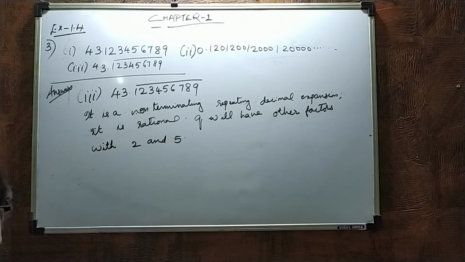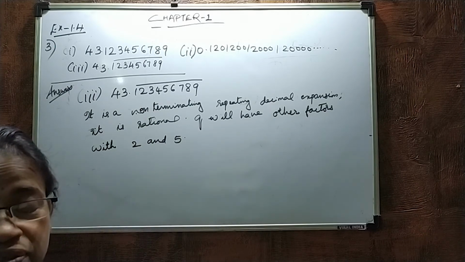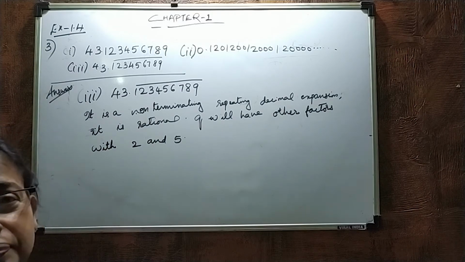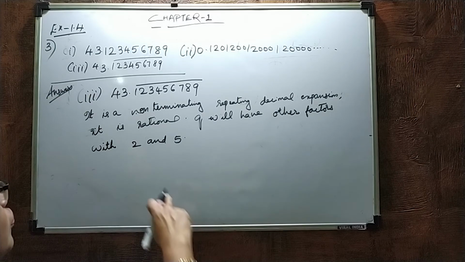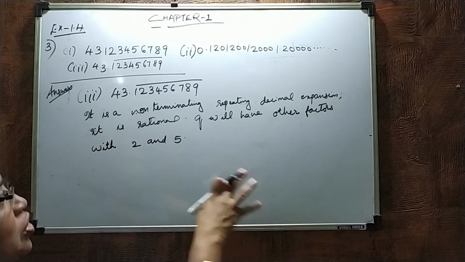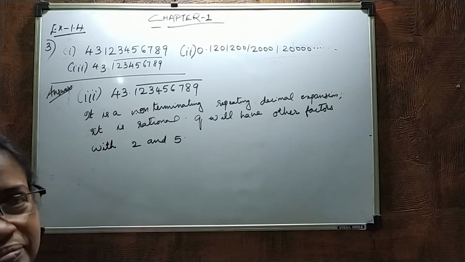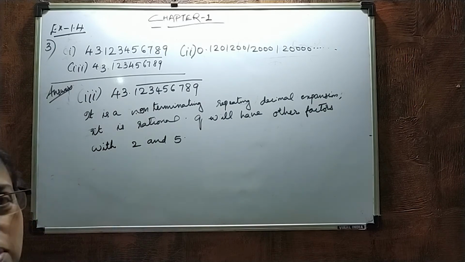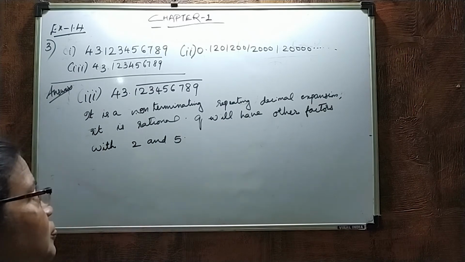It may be 2 into 5 into 7, or 2 into 5 into 13 into 7, or any other prime numbers. So when it is non-terminating, repeating, remember that with 2 and 5 some other factors will be there. These are the problems we have to do in exercise number 1.4, third question.